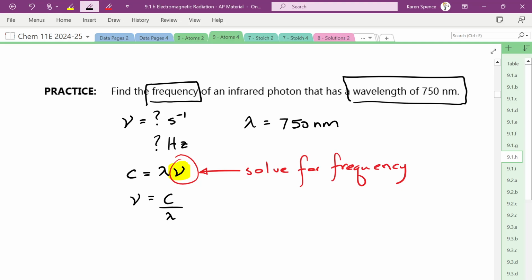You should get that. I don't care how you get it. I don't care what method you use to do your algebra. You don't have to show any work because it's fairly straightforward algebra, but that is what you should get. If you got something different, come and see me.